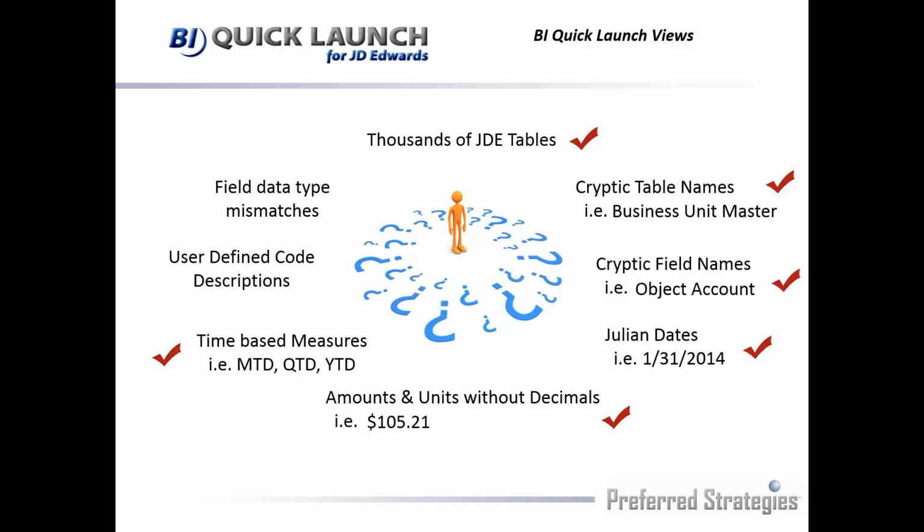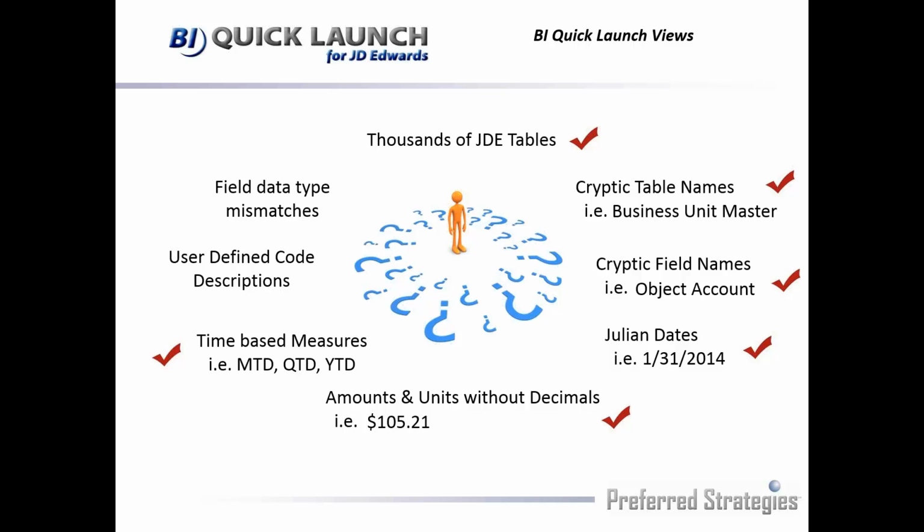As far as the time-based measures, in some cases, we restructure the data in a way to facilitate these calculations. A lot of times, we talk about month-to-date, quarter-to-date, year-to-date. These are calculations that are mostly driven from some type of user response or variable parameter. So I'm a user and I choose the year and I choose the period, and then I want the calculation of year-to-date to be based on that.